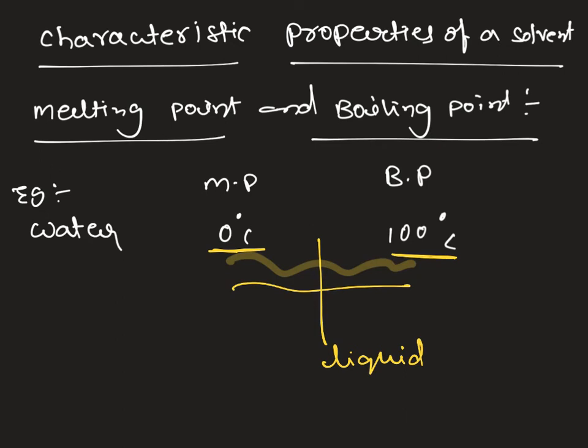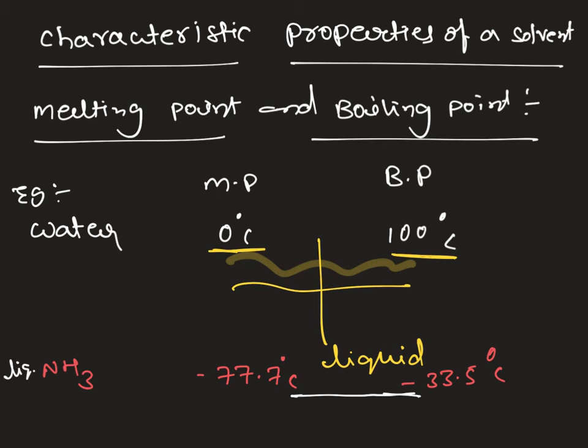If I take example 2, ammonia. Ammonia's melting point is minus 77.7 degrees and its boiling point is minus 33.5 degrees. So here also you can clearly see that from minus 77 to minus 33, liquid ammonia we can use as a solvent.